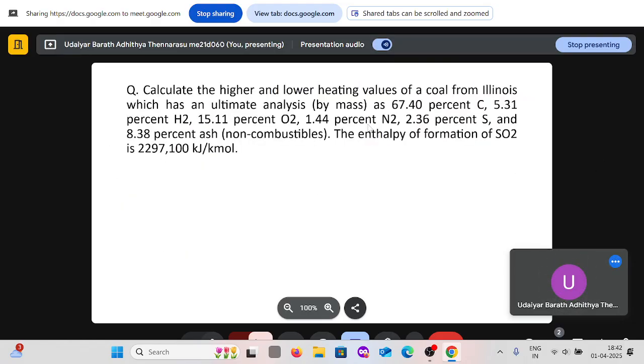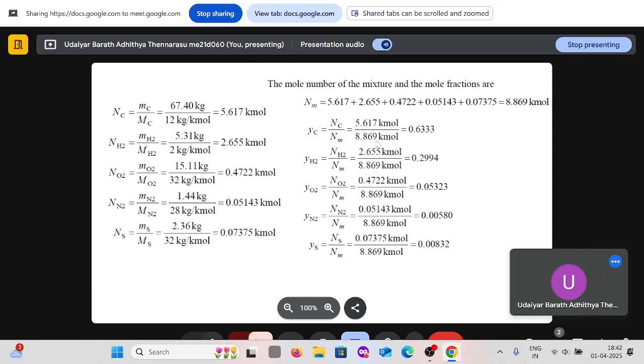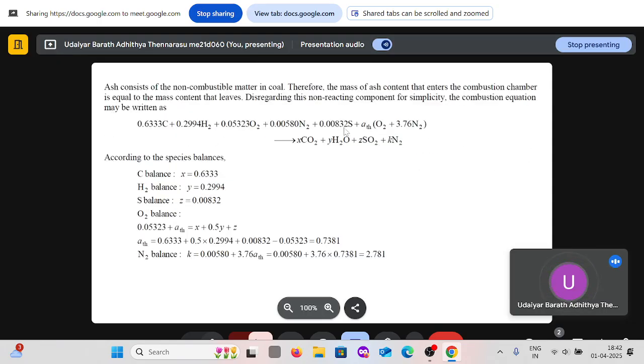Since we write the combustion equation in moles, we estimate the moles, and from there we found the mole fractions to know what the fuel is. So this is the fuel. One mole contains each of these components in these mole quantities.